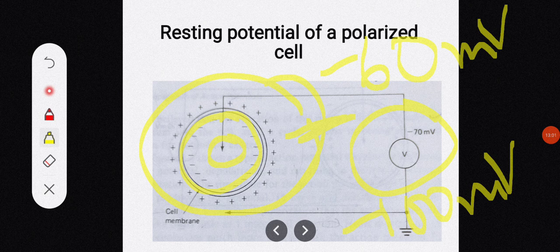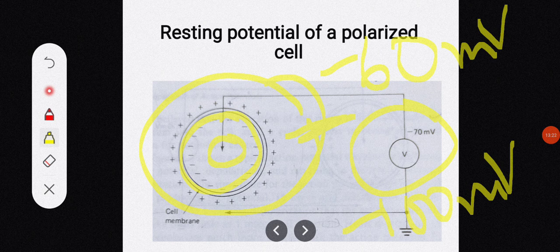When the cell is in the resting state, meaning when you can measure the resting potential of the cell, at that time the cell is said to be polarized. So a cell in the resting state is said to be polarized.